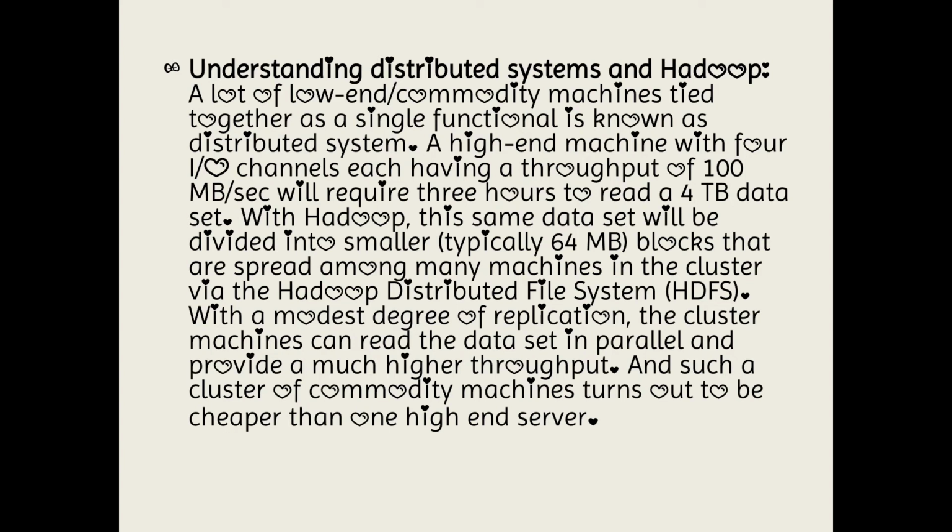For example, here 9 nodes are there. The data is divided among the 9 nodes, and the data is read in parallel. So time is saved, and the data is divided among those nodes. That is the difference between distributed systems and Hadoop.